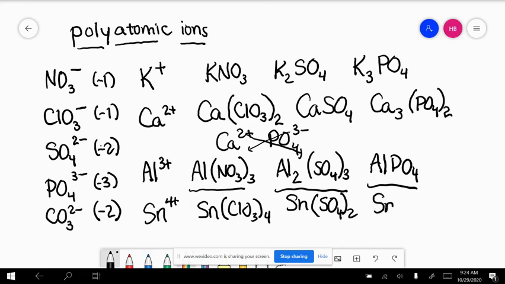So tin would get phosphates -3, and phosphate would get tin's +4. So this is tin 2 chlorate. This is, I'm sorry, tin 4 chlorate. This is tin 4 sulfate, and this is tin 4 phosphate.